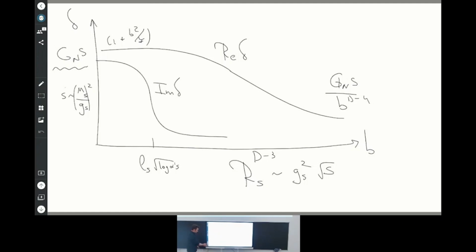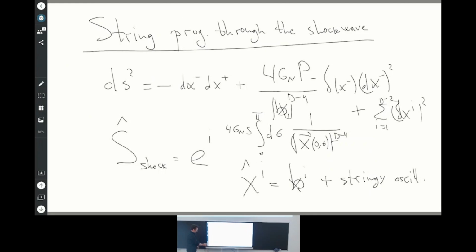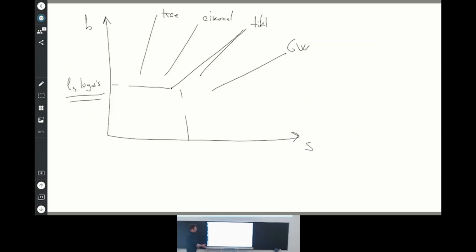So you expect that in this region the amplitude becomes inelastic and becomes of order what you expect from tidal, but evaluated on this effective scale y at d minus 2 over 2. This is a sort of expectation.